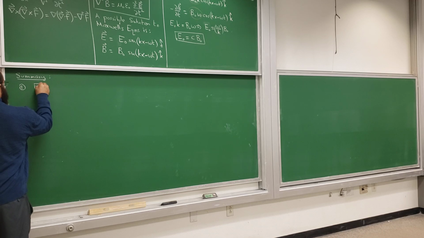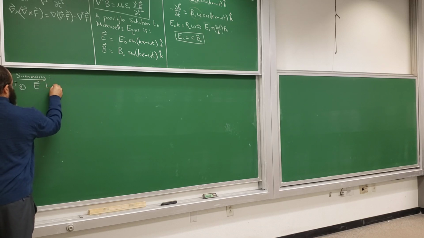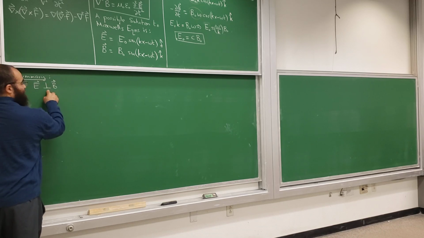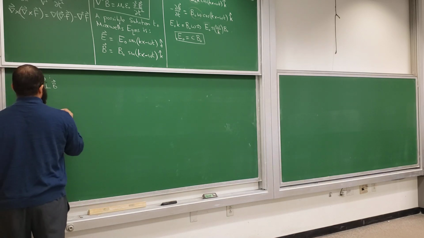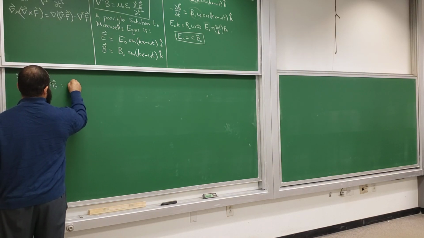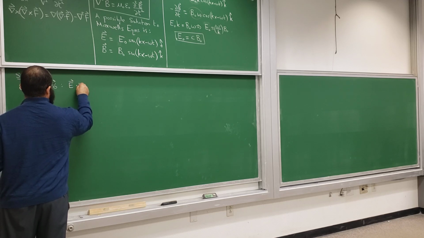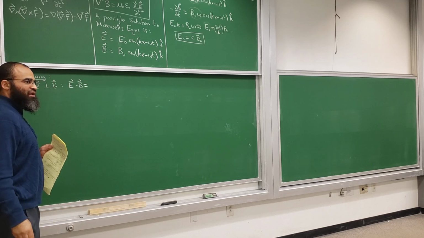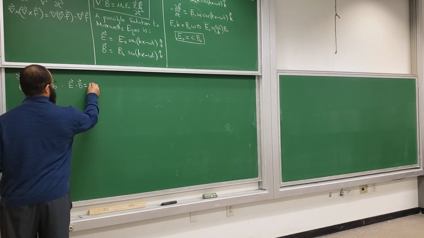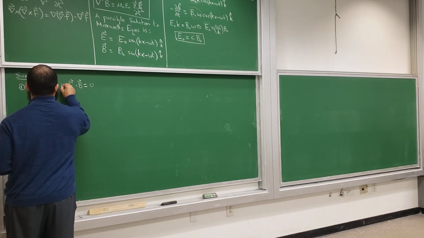E is perpendicular to B, which is to say that the electric field dot product with the magnetic field is equal to what, if they're perpendicular? 0. Right, that's what it means.